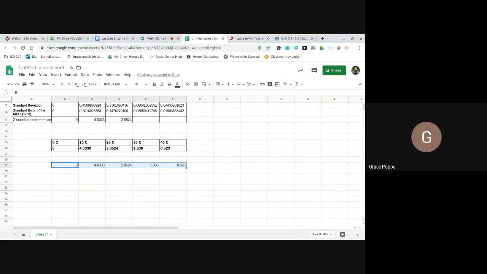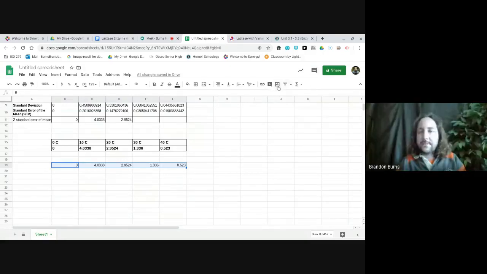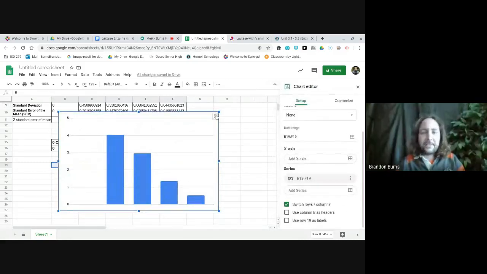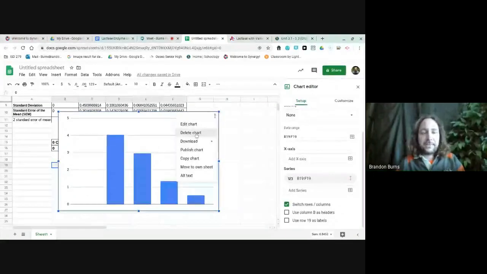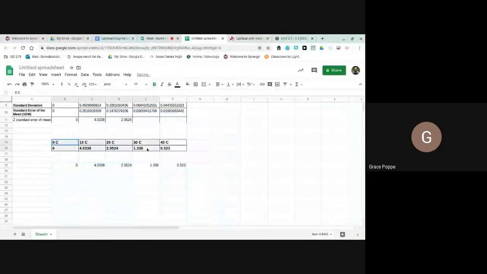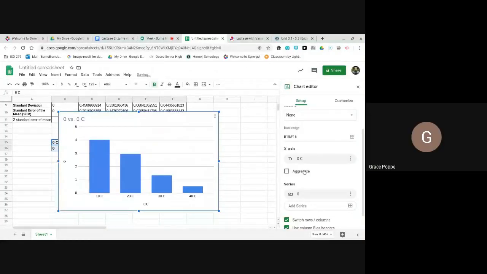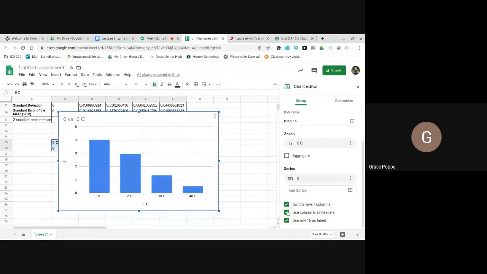If you go to your one with the 0 to Celsius and then the 0, if you highlight that. Okay. And then make a chart. The other data. Oh, okay. This data up here? Yeah. Okay, make a chart of this. And then it says use row 15 as labels.